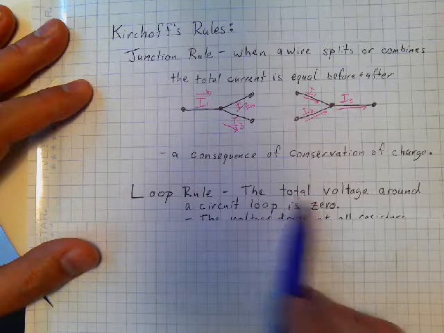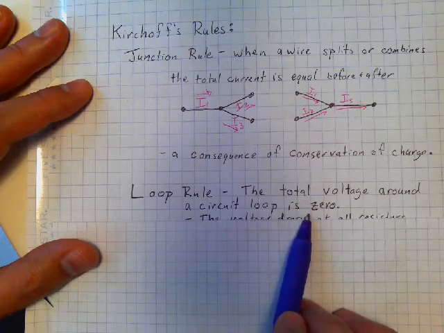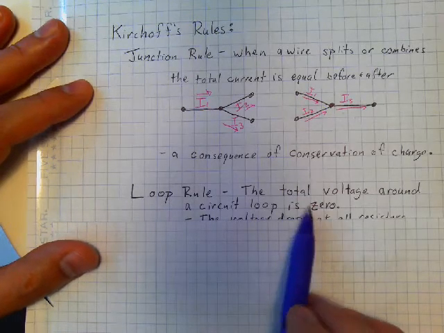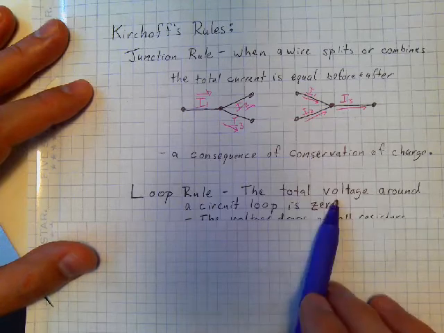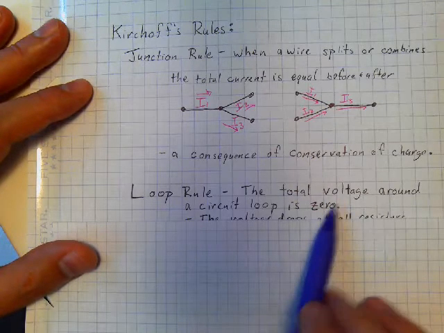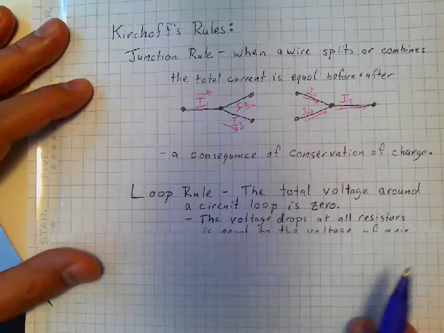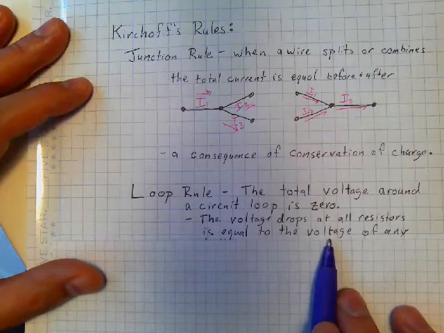So the total voltage around any circuit loop is going to be zero. So the voltage would be provided by the battery, and then we have voltage drops at all of the resistors.